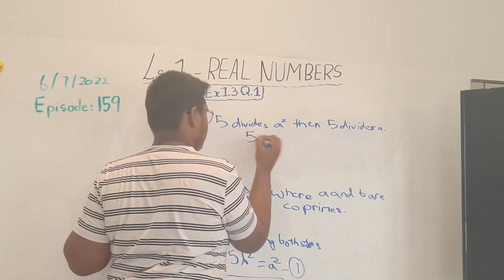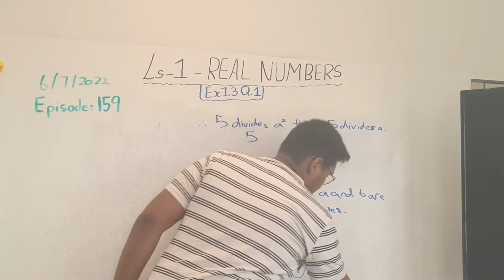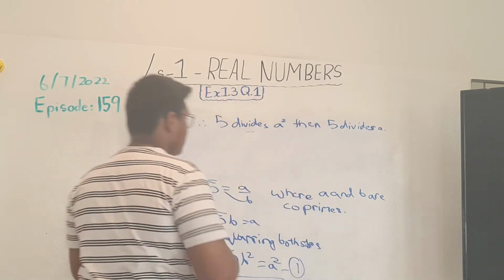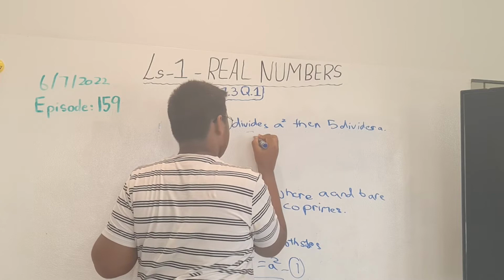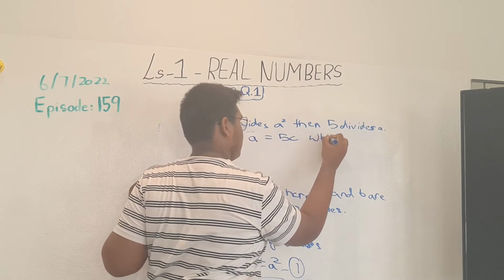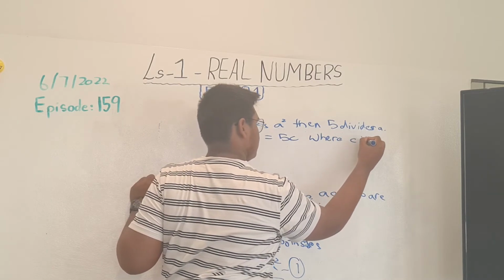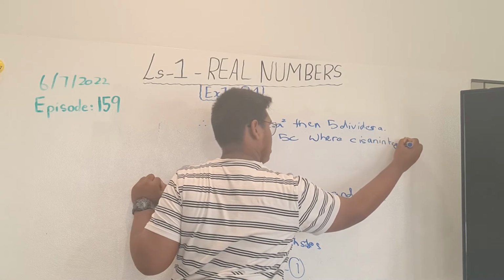Then let us assume the next step: a equals 5c, where c is an integer.